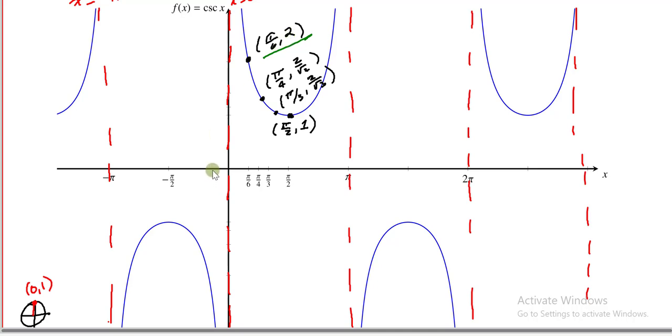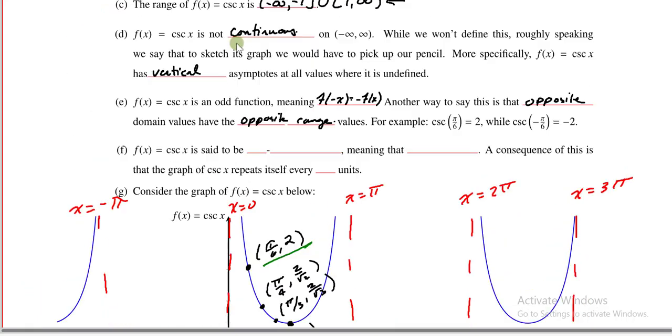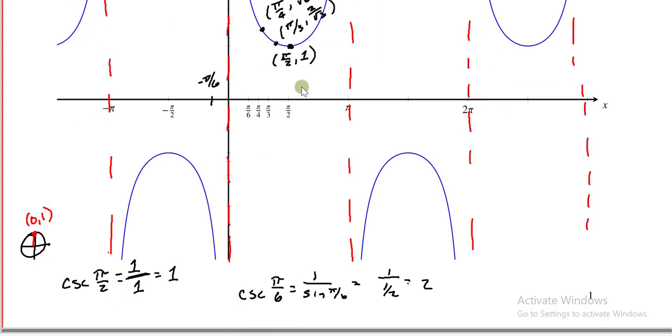If we were to plug in minus pi over 6, instead of plugging in pi over 6, I'm plugging in its opposite. Because cosecant is an odd function, when I plug in the opposite domain value, I get out the opposite range value, and the cosecant of minus pi over 6 is minus 2. So minus pi over 6, comma, minus 2.